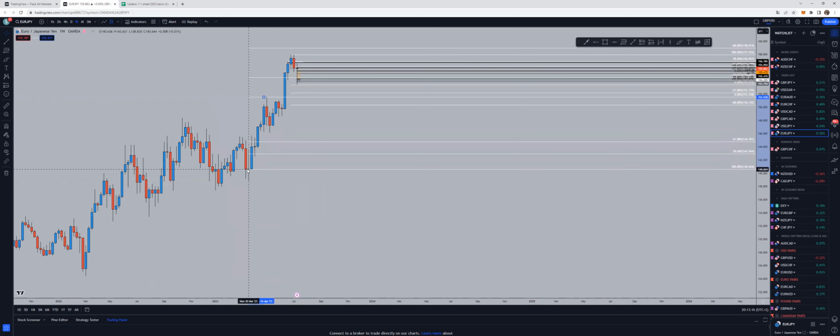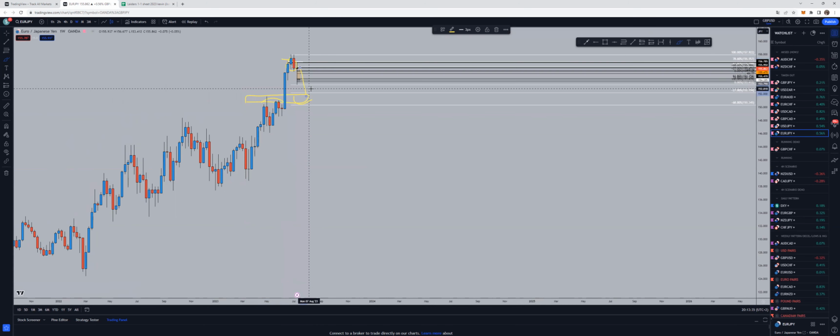So also take it from here, minus 27 here also. So we had the FIB completion, and we had still some room for that first point of structure here that could we touch this first point of structure, this resistance that could become support, and we had that candle with us, so we could go to the downside.